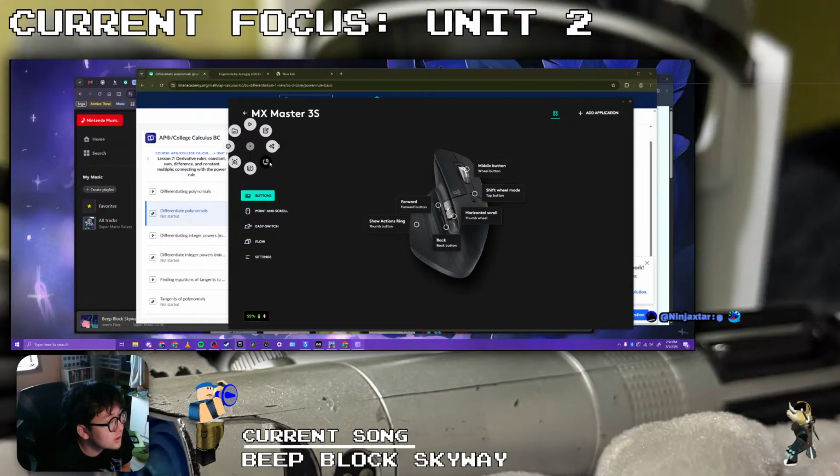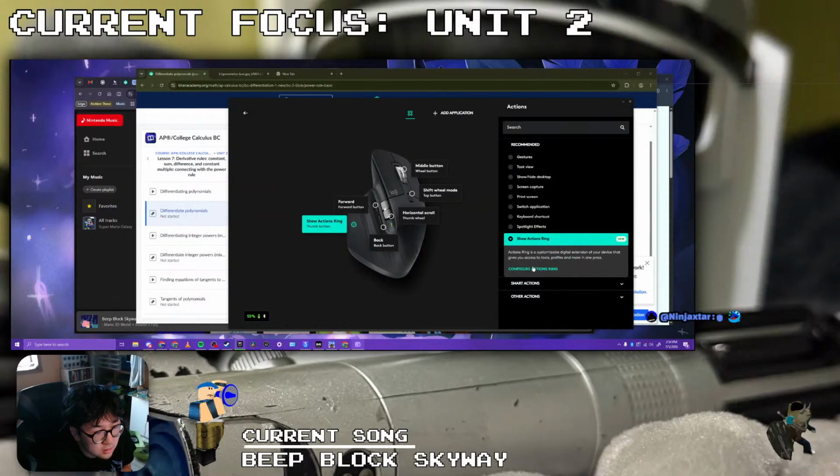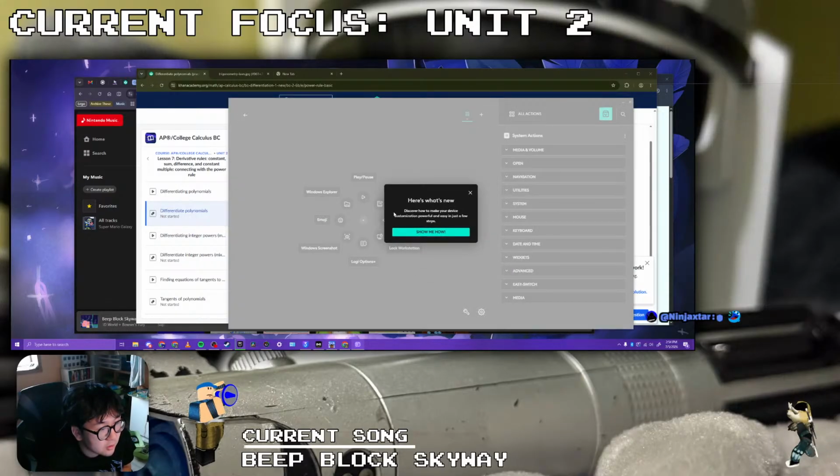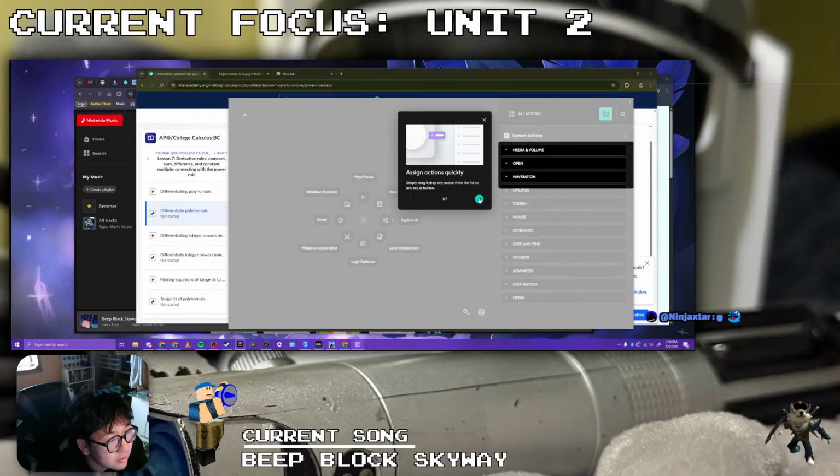Emojis, screenshot, options, workstation, AI integration. Yeah, we're not doing that, okay? Okay, give me the tour actually. Okay.